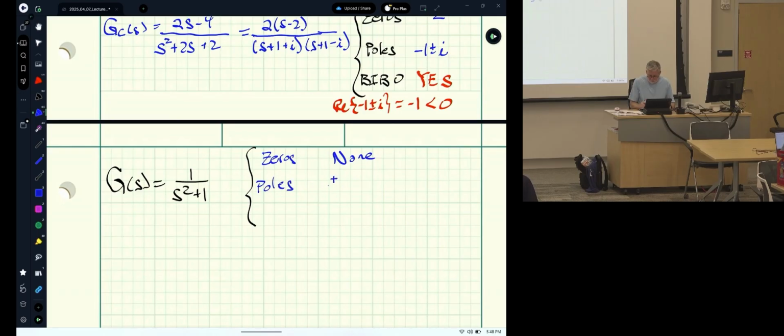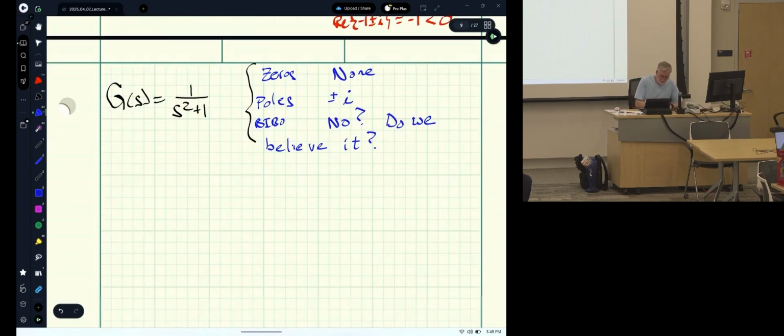Poles plus minus I, so it's s squared equals -1. And then BIBO, no. Do we believe it? And the answer is this.